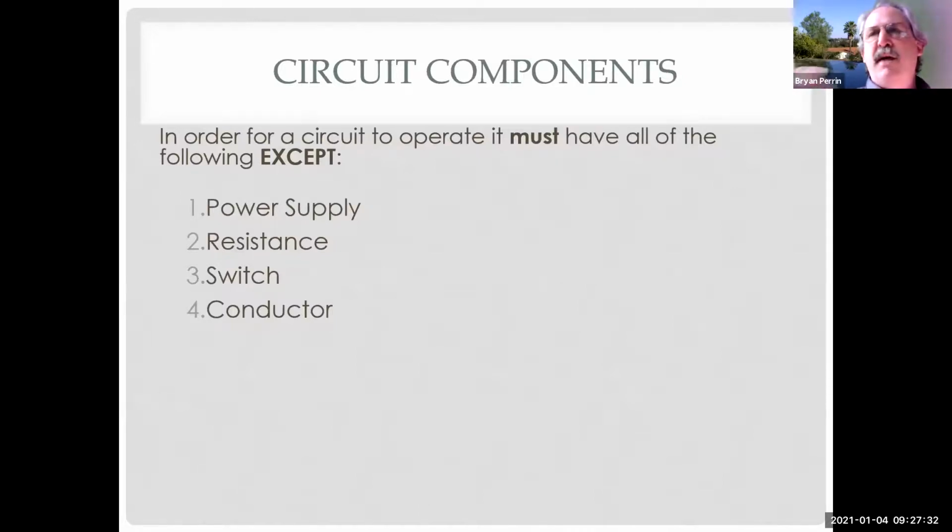If current is able to flow, it's a complete circuit. An open circuit is a circuit that current cannot flow in. And that means no touching, right? No touching. A short circuit is a circuit that's connected without a load, so there's nothing to limit the amount of current flow.